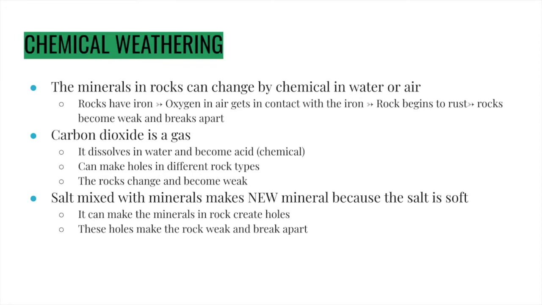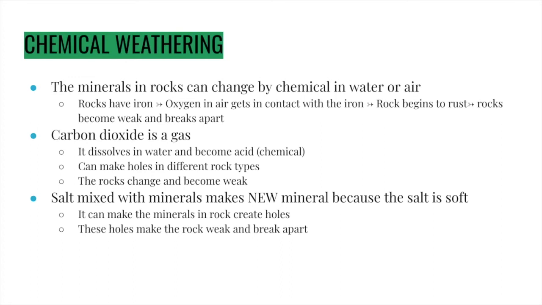So another example of weathering that we talked about is chemical weathering. Chemical weathering is different than physical weathering. The minerals in the rocks can change by chemicals that are found in water or air. For example, one of the minerals that are in rocks is iron.